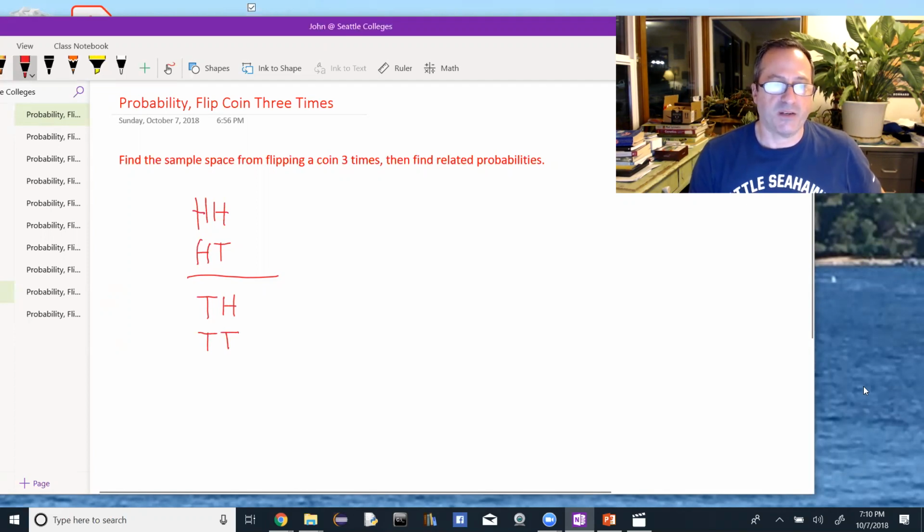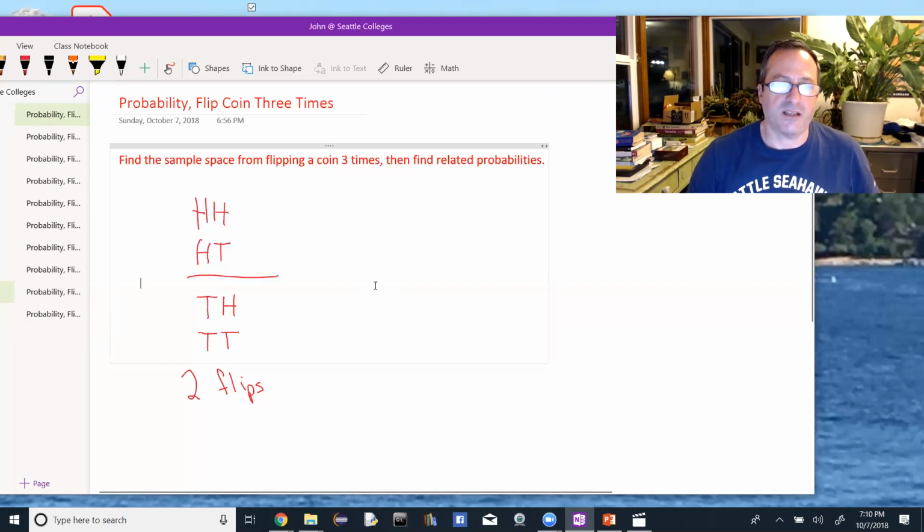We want to flip the coin 3 times. So this would be right over here, two flips. So basically, each of these 4 choices now have a choice of heads or tails. So I'm going to keep this sort of line here in the middle.